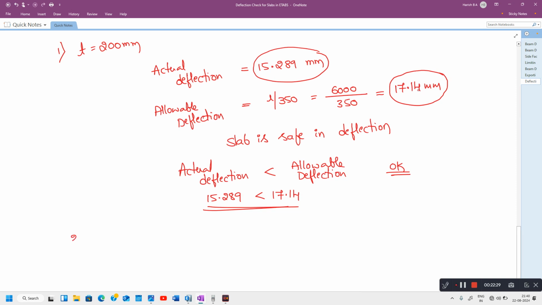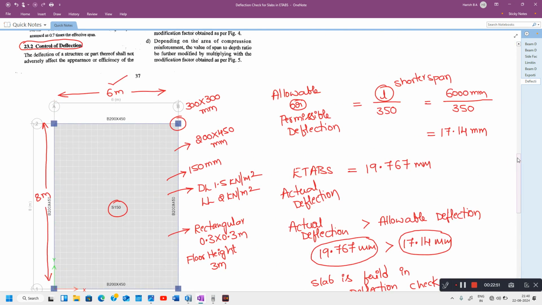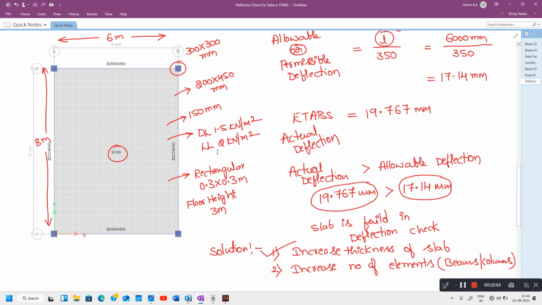I will try the second method. So what is the second method? Increase number of elements. See here. Your actual model is, this span is 8 meter. At the center, I will introduce two columns.